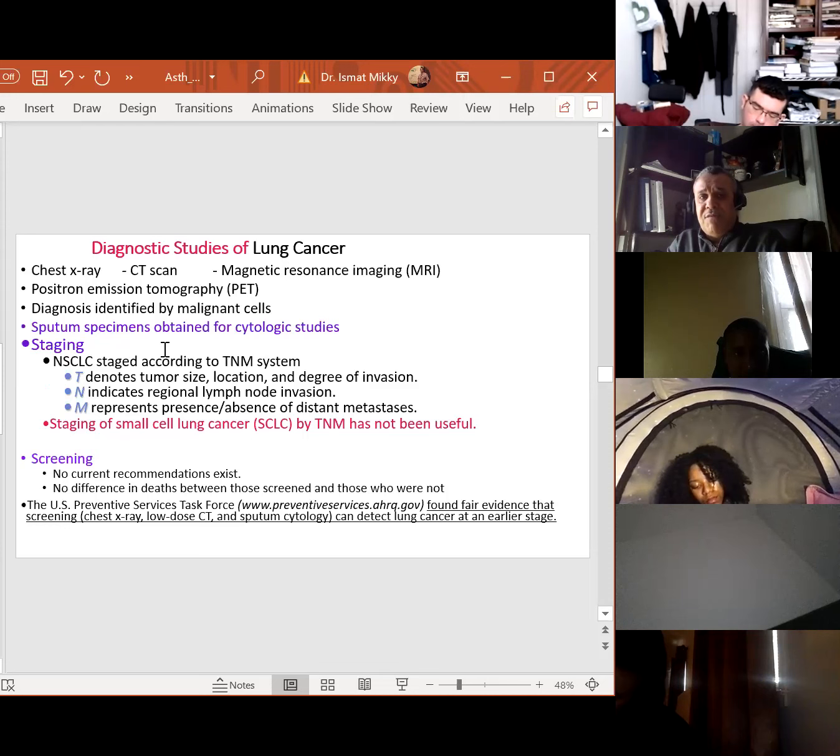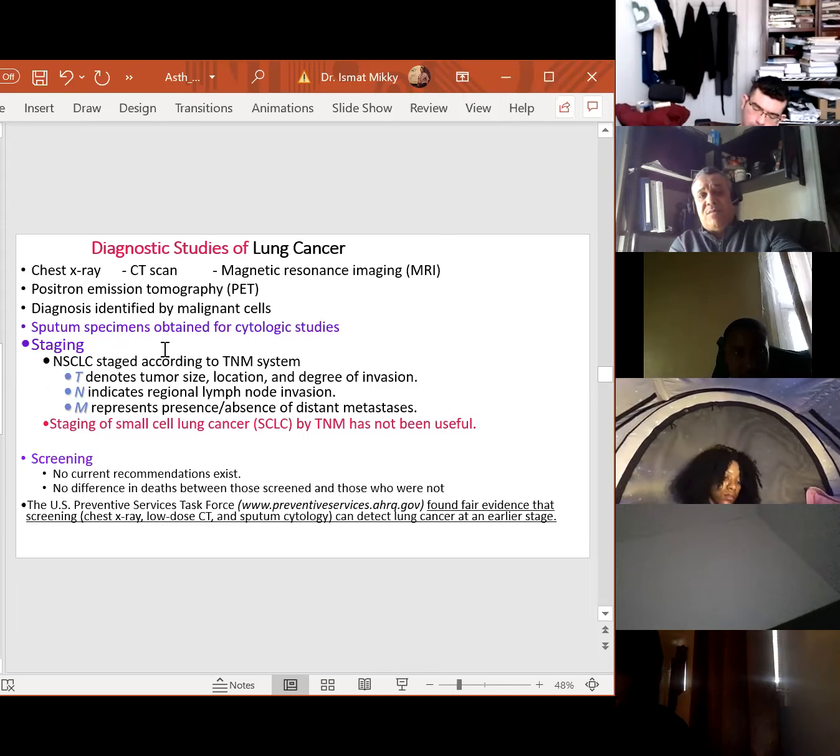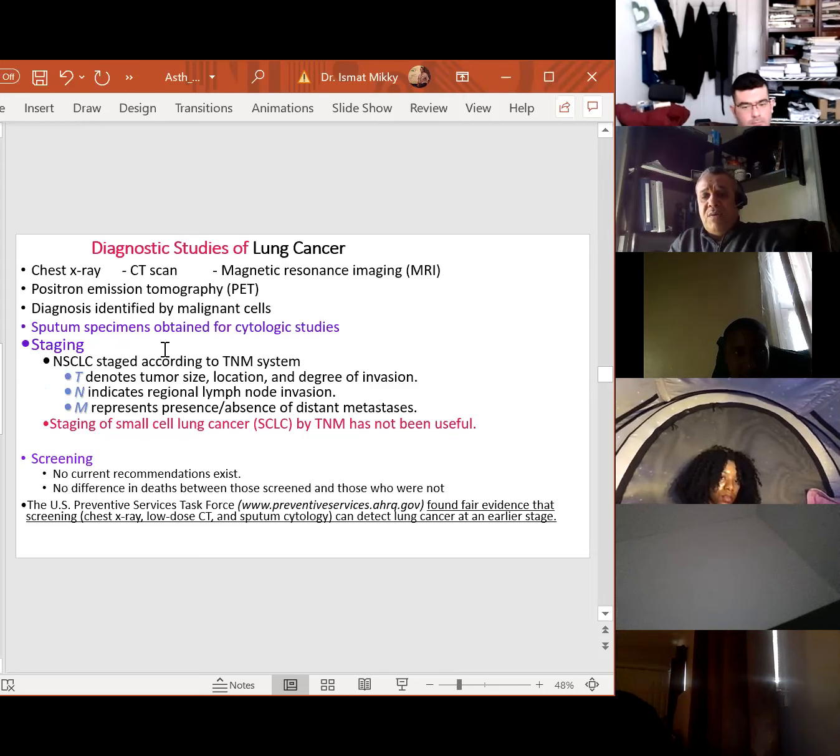For sputum specimens obtained for cytologic studies, there are different ways of doing it. Either through pulmonary angiography, or you can do a fiber-optic bronchoscope. There is something called VATS, which is video-assisted thoracoscopy. So there are different ways of obtaining specimens for cytologic studies.